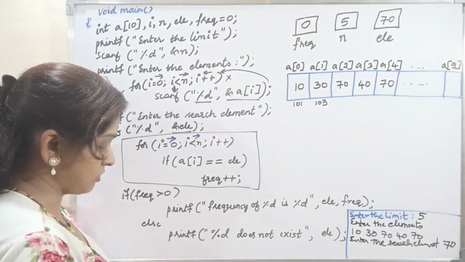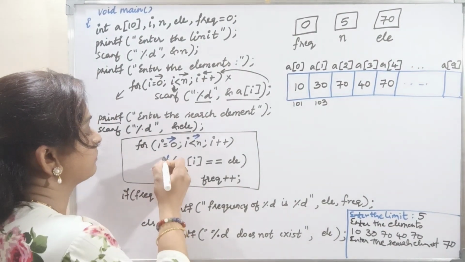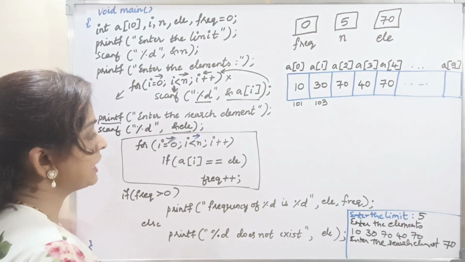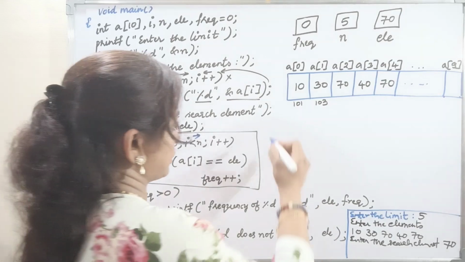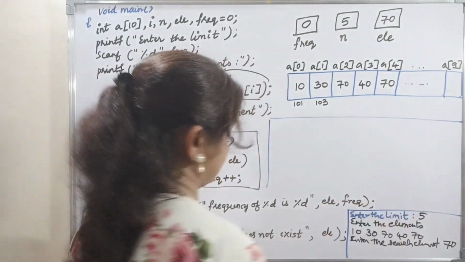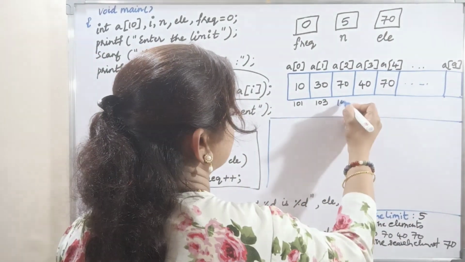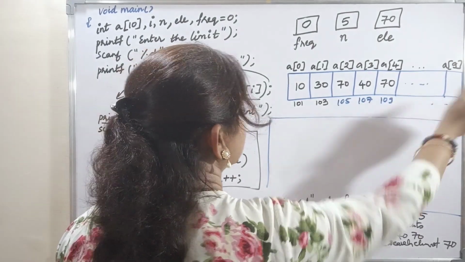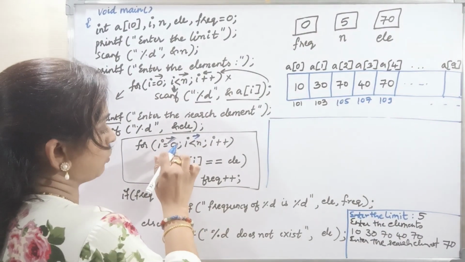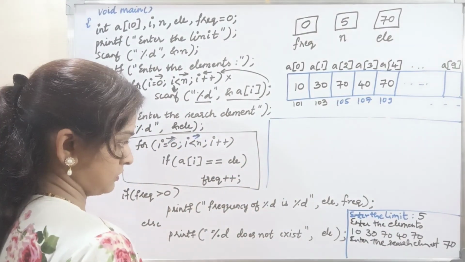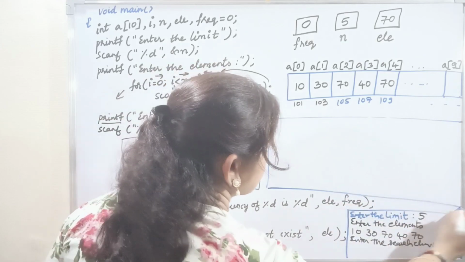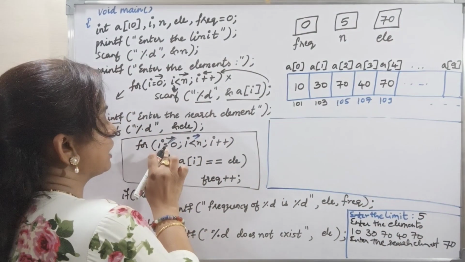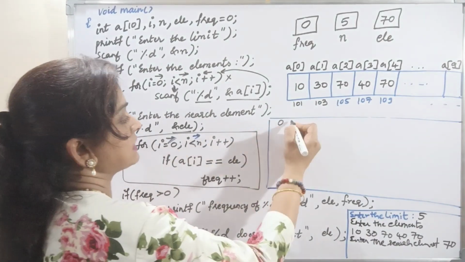So what I am doing here, let me start from the loop here. So I equal to 0, 0 less than n. Let me write the iterations to make you understand clearly. I equal to 0, 0 less than n.